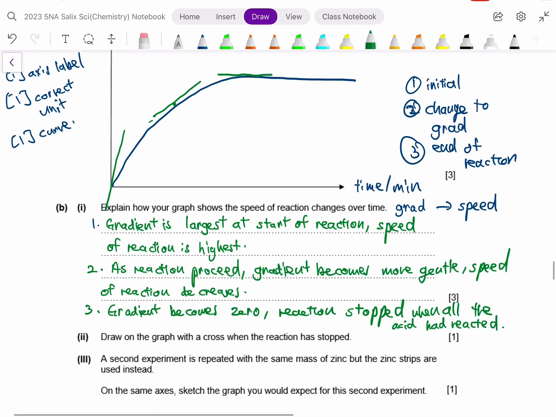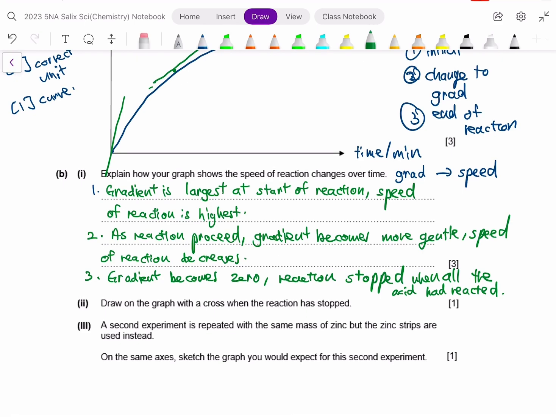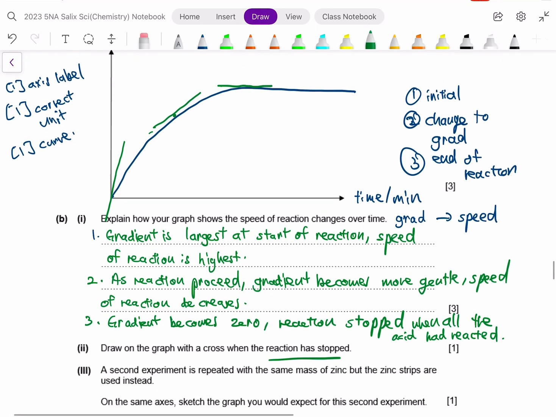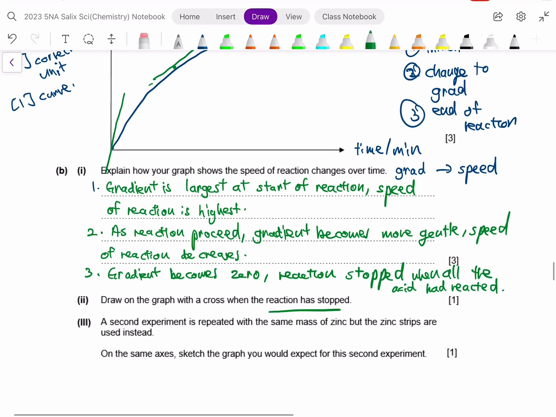Then draw a cross on the graph when the reaction has stopped, basically where it becomes horizontal.